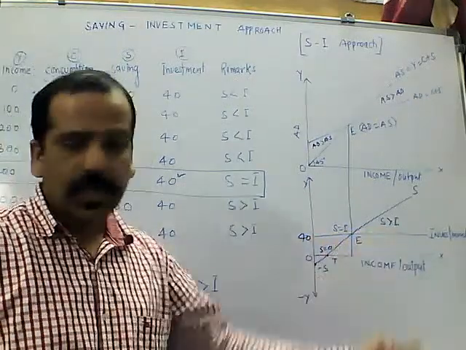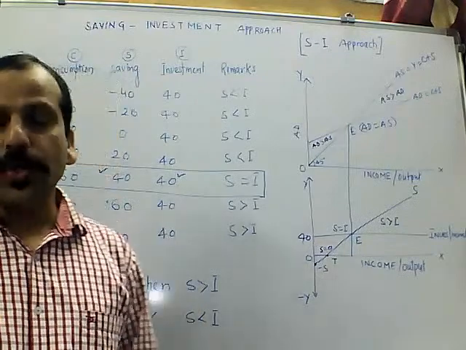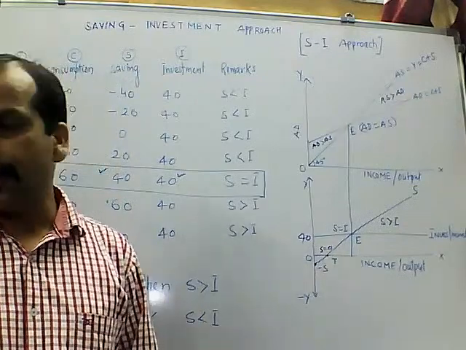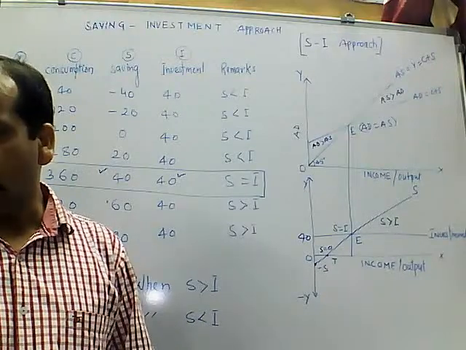When savings are greater than investment, how do we retain the equilibrium? Any query?